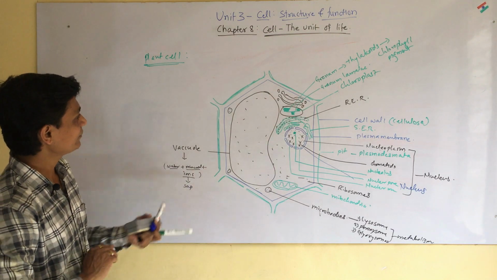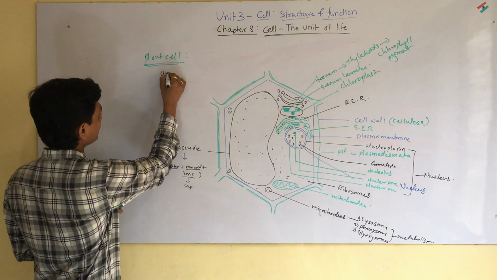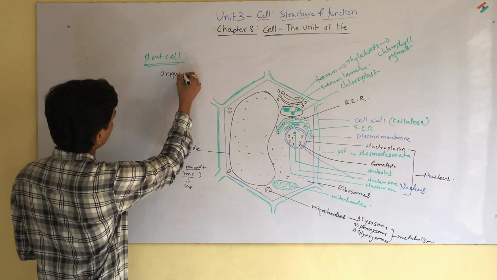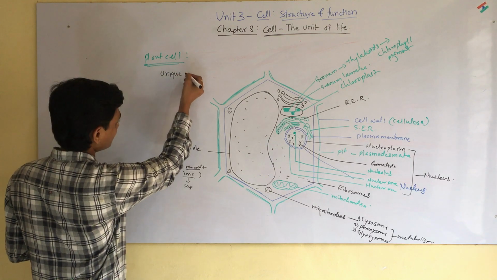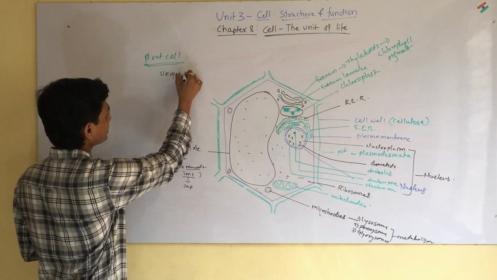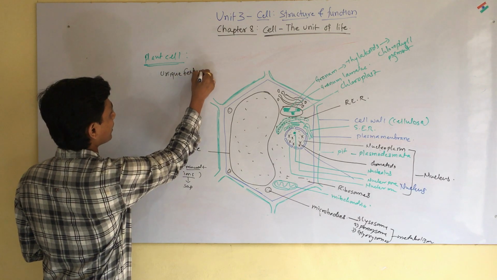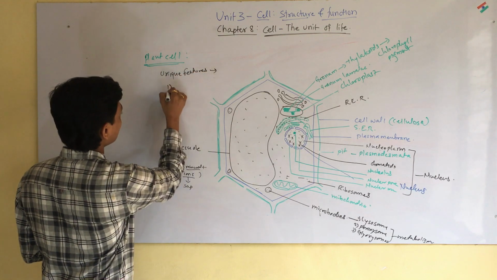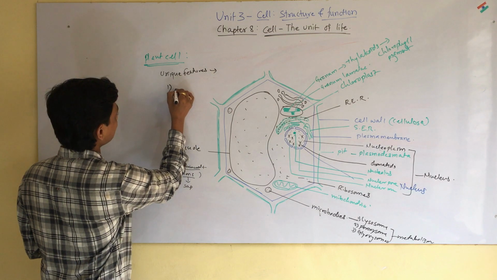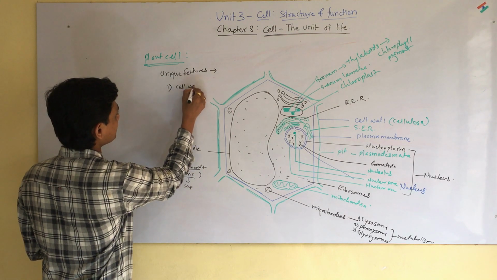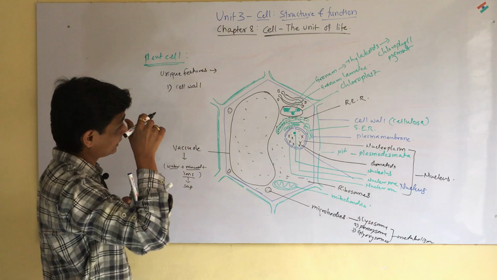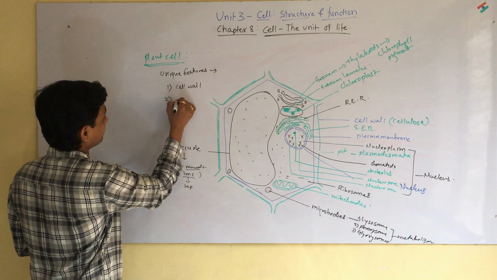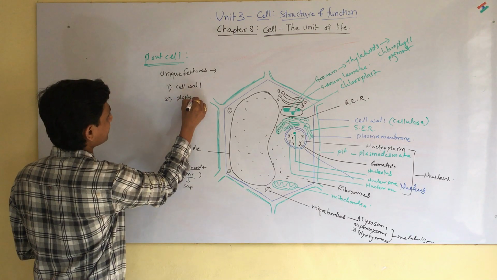The unique features of this plant cell, as we discussed the animal cell unique features, the plant cell also has unique features. First, it has cell wall, and second, plastids are present.